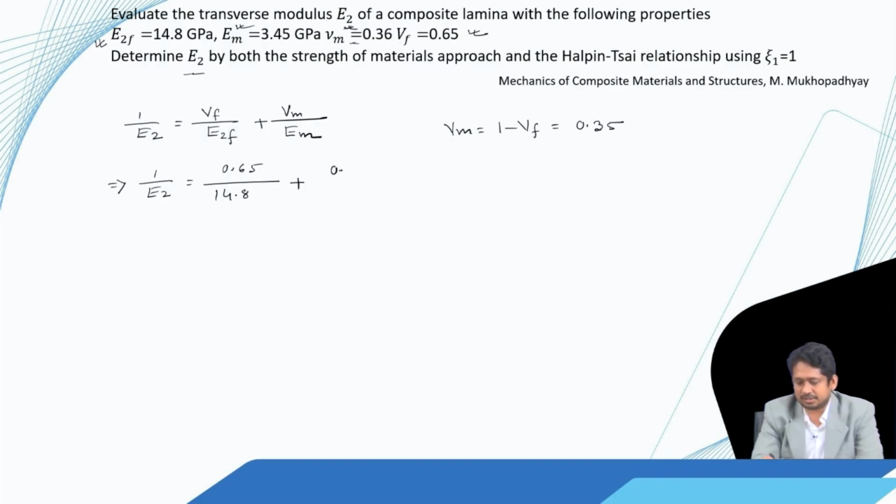So, here we have 0.35, and Em is given to us 3.45 GPa. So, if you solve it, after solving we can find out E2, and that is found to be 7.56 GPa.